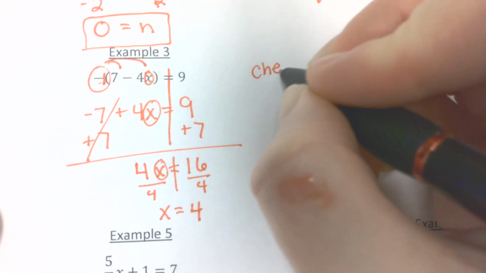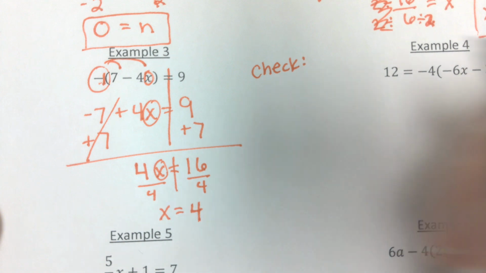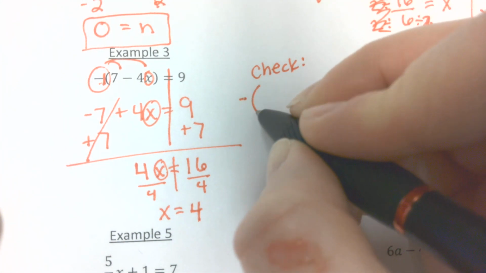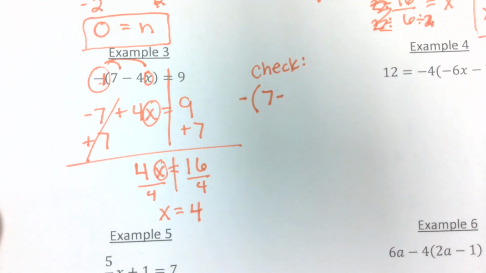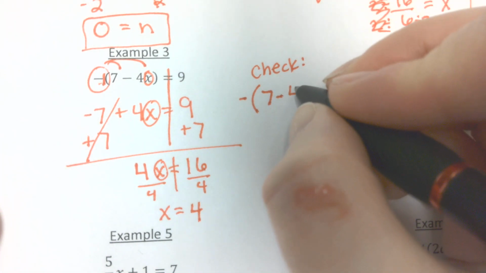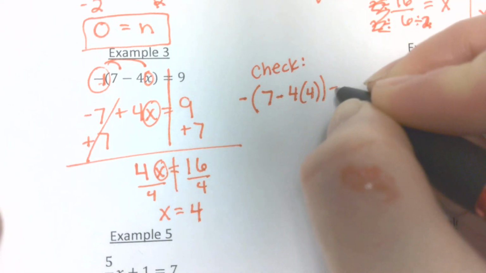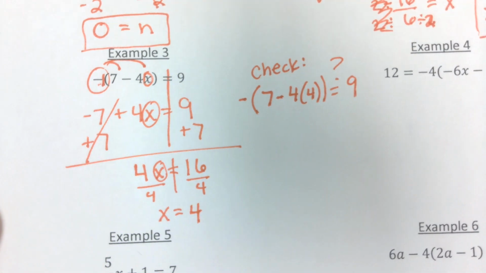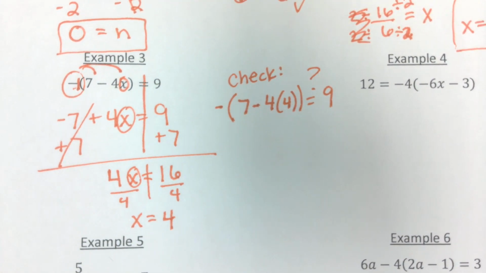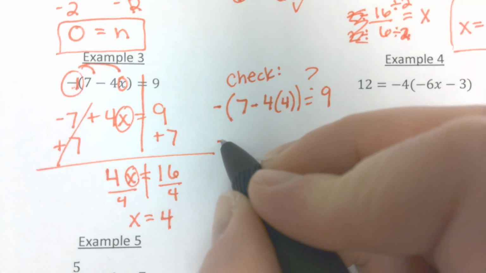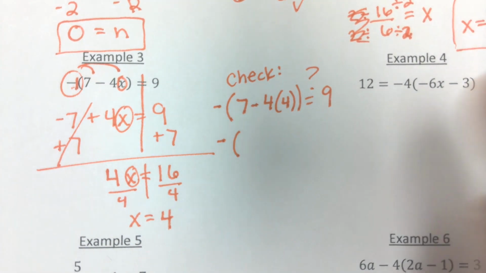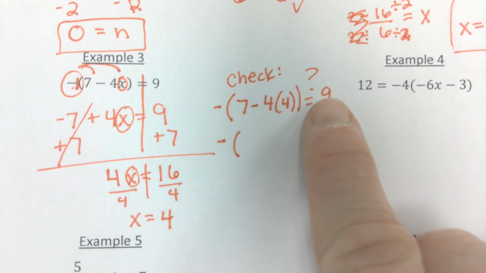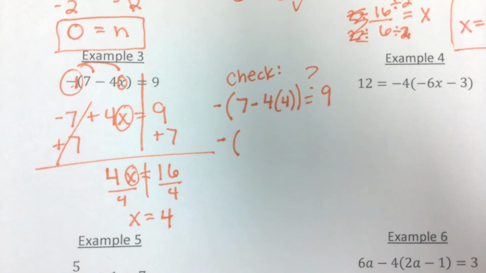We need to check our answer. Negative parentheses 7 minus 4 times 4 equals 9 with the question mark. Whenever you're plugging it in, you're doing your order of operations, PEMDAS: parentheses, exponents, multiply, divide, add, subtract.